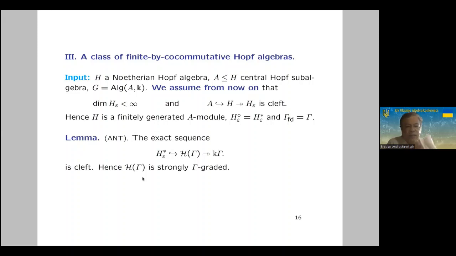Under these conditions, immediately one concludes that H is a finitely generated A-module, that H epsilon finite dual is just the dual, because the dimension is finite, and also that the subgroup gamma FD of gamma is actually all of gamma.